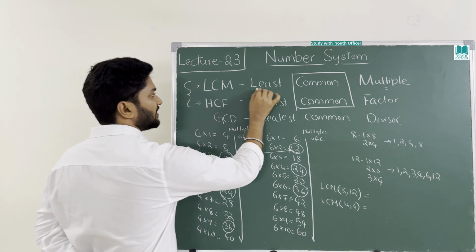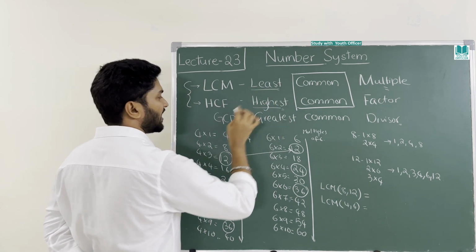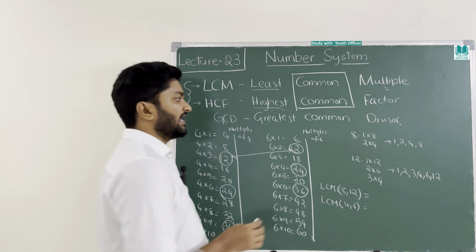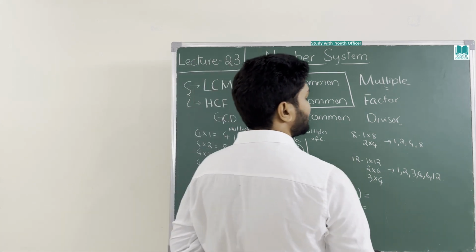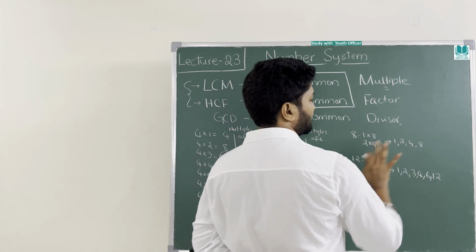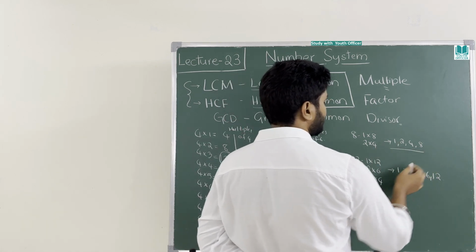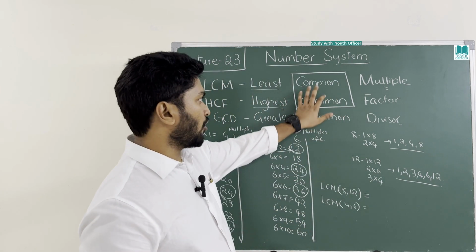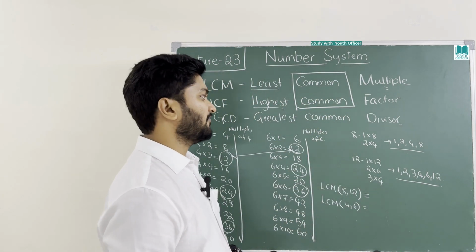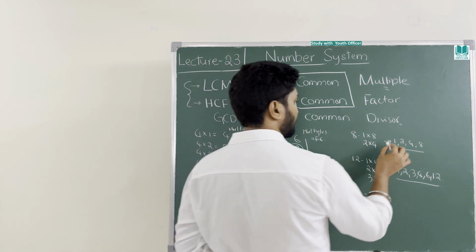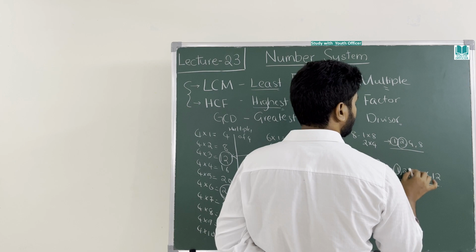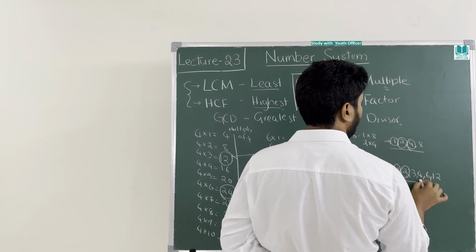Now you found the least one. Why we have to take a highest common factor? Now 8 and 12 have some factors. These are 8 factors. These are 12 factors. If you want some common factors, what are the common factors? 1 is a common factor. 2 is a common factor. 4 is a common factor.